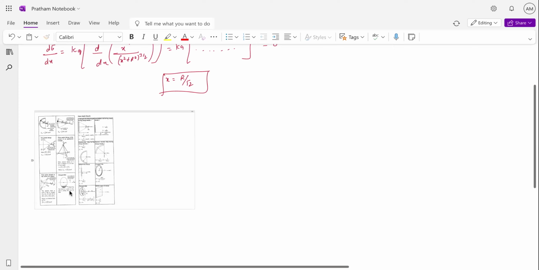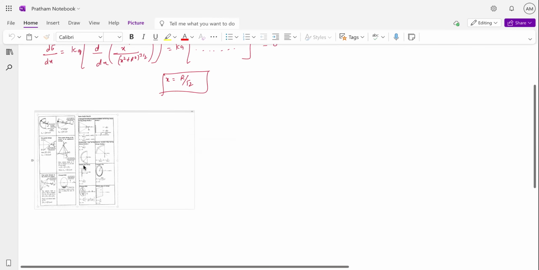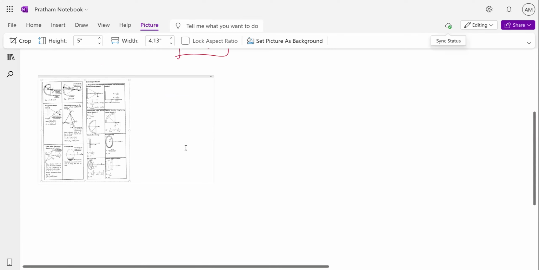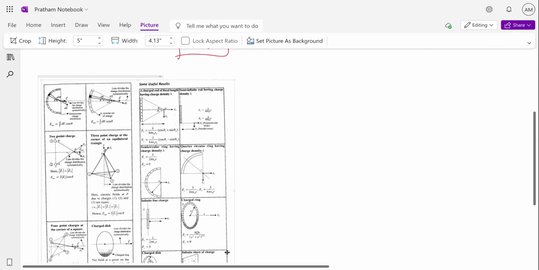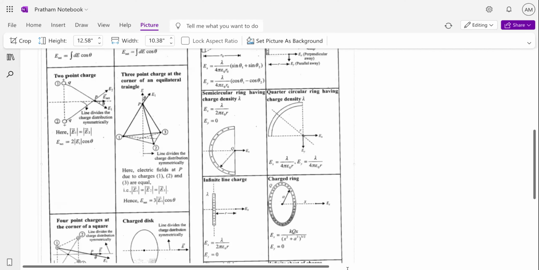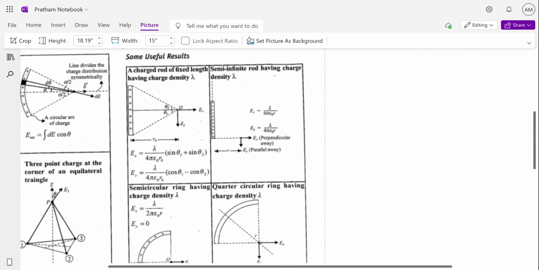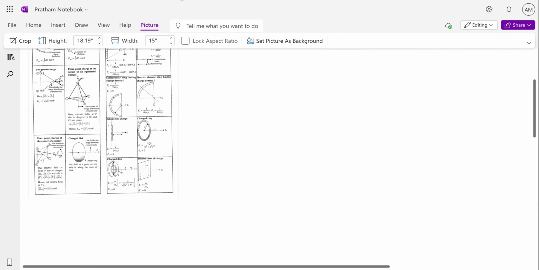How to increase its size? Some option should be there. Okay, got the option. I think now it may be visible. Hello, Pratham, is it visible or not?